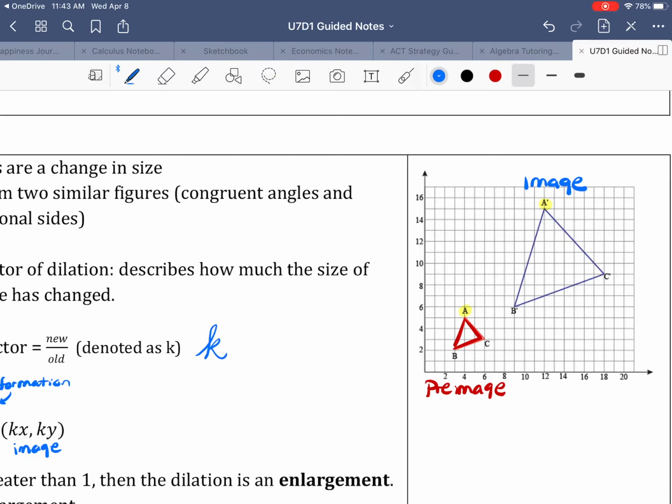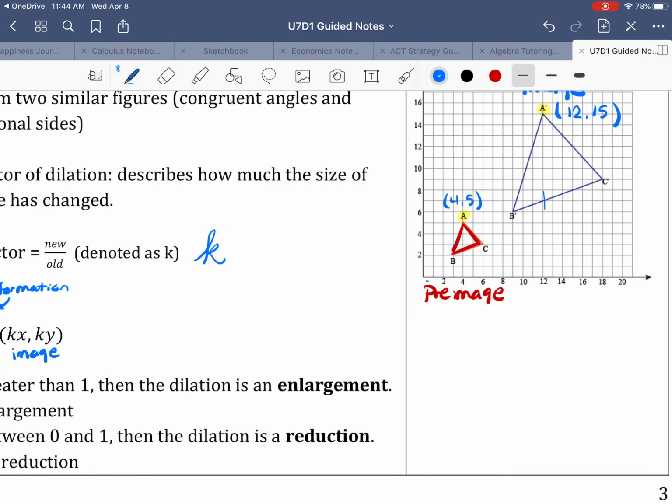So what we can do here is this point A is at 4, 5. Right? 4, 5. And then our image over here, if we do this very carefully, is at 12, 15. In order to find the scale factor, we're doing new over old.